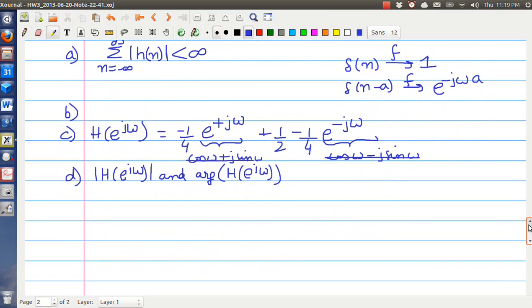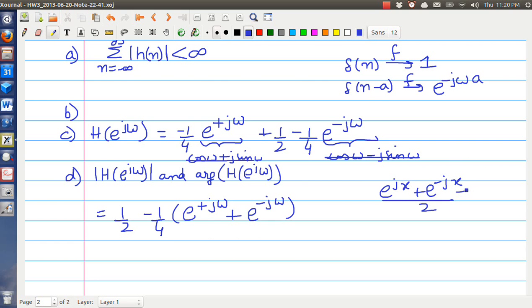The smart way to do this problem is, we can see that these two will together form a sine or a cosine. So let's try that. We get half minus 1/4 times (e^(-jω) plus e^(jω)), and we know that e^(jx) plus e^(-jx) over 2 is a cosine x.